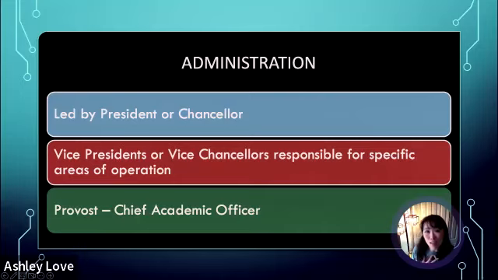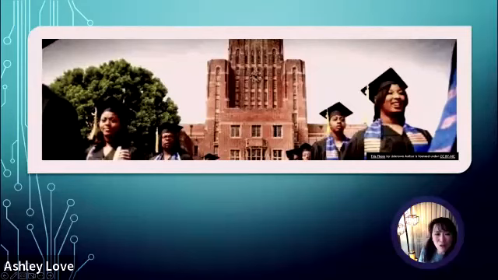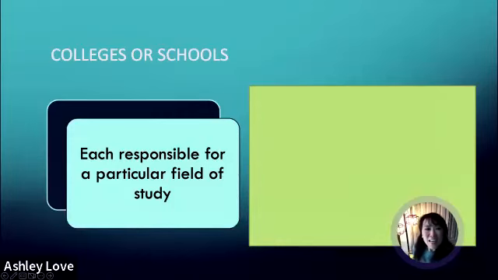Okay, so faculty members like myself, right now there's a provost search because our provost retired, and we are looking to see who the next provost is going to be and what our next steps are going to be as a university. So once again, go back to UIW, it's easy to go to the site and see the organization. So colleges are each responsible for a particular field of study.